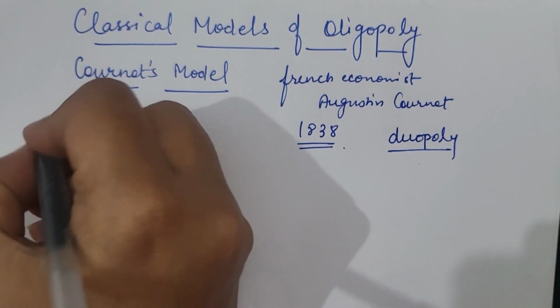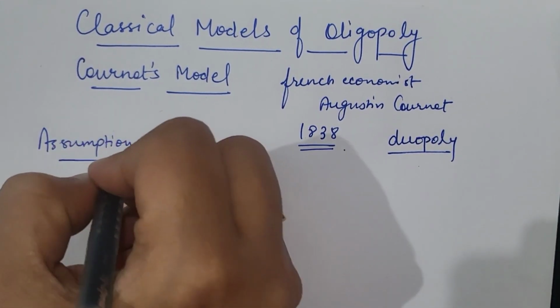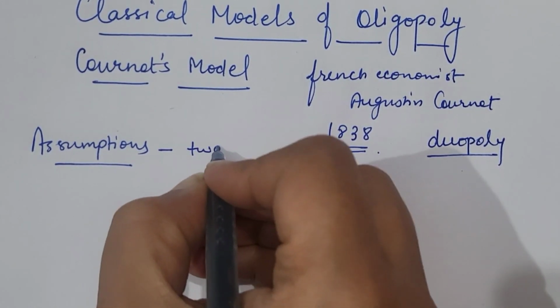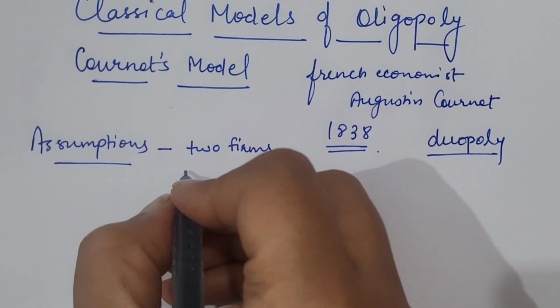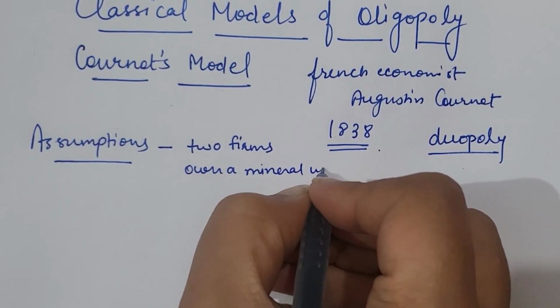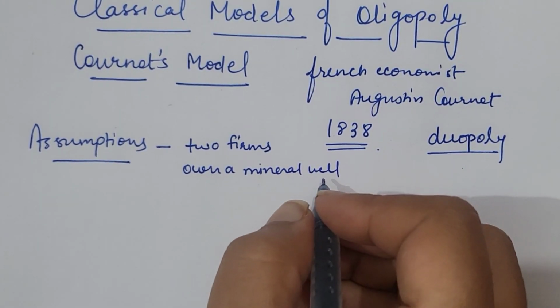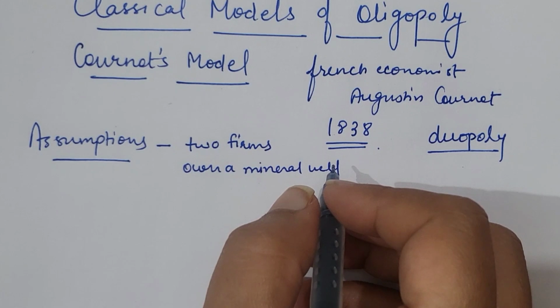So, first of all, we will discuss the assumptions of this model. First, there would be two firms and both the firms will own a mineral well where quality of water would be same. So here we will consider homogeneous products.